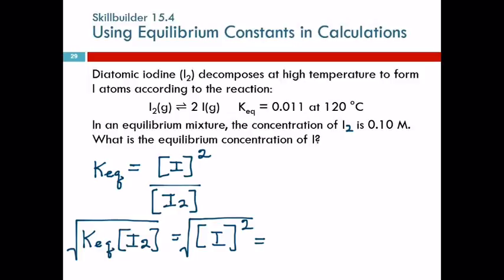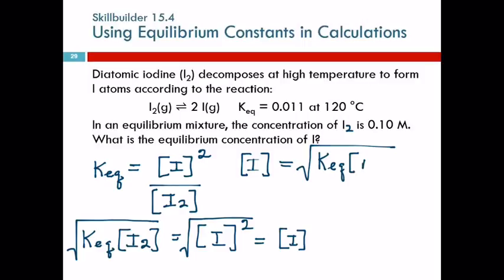And the square root of I squared is I. So the concentration of I is equal to the square root of KEQ times the concentration of I2. So that's the square root of 0.011 times 0.10.